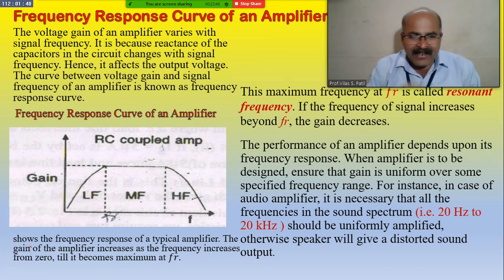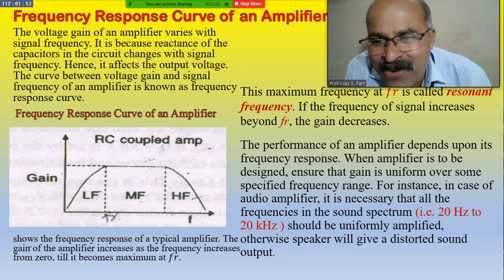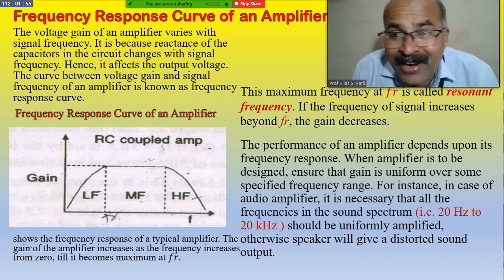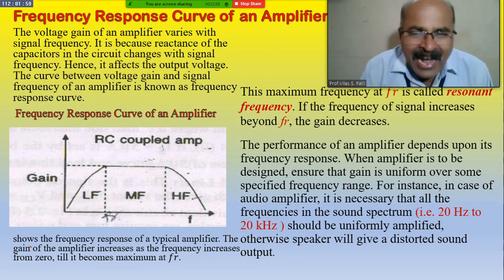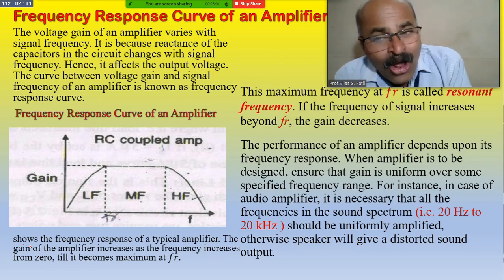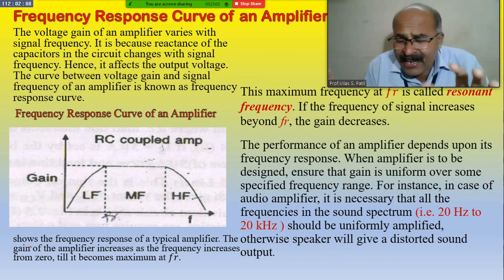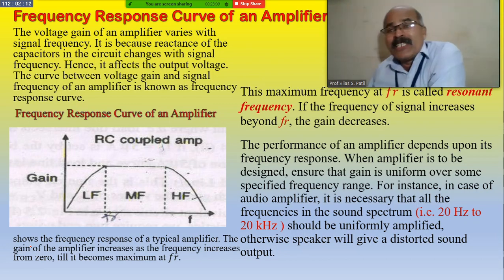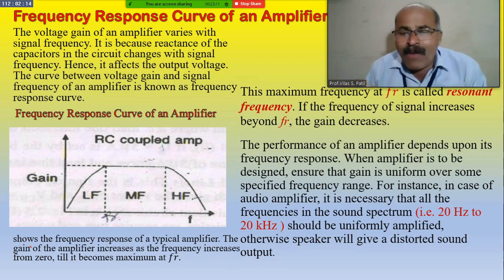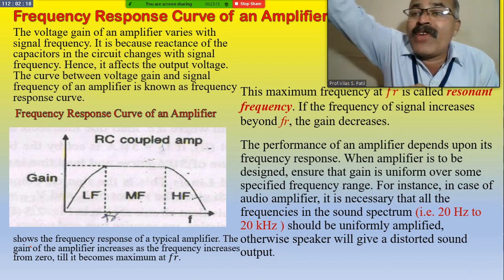It means that just we erase all and we are able to define the frequency response curve of a transistor amplifier in the mode of a common emitter. It shows that due to the change in role of the capacitor in case of AC and DC, in case of AC the reactance of the capacitor will decrease to zero, and in case of DC the reactance of the capacitor will increase to infinity.